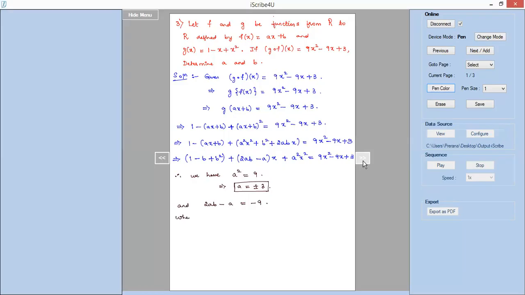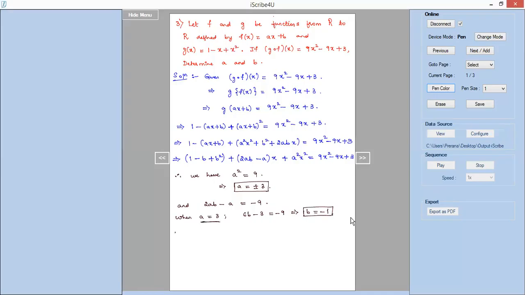When a is equal to plus 3, we obtain 3 into 2, 6b minus 3 is equal to minus 9. So 6b is minus 9 plus 3, which is minus 6. So b value in this case will be minus 1. So this is when a equal to 3.